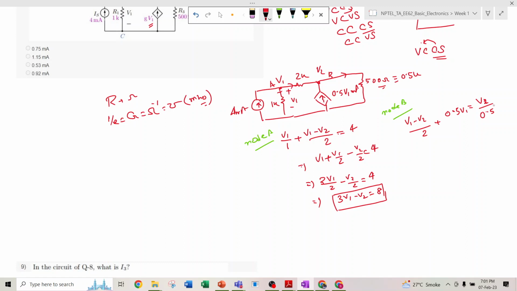So this much milliampere current is flowing, here it is also milliampere.